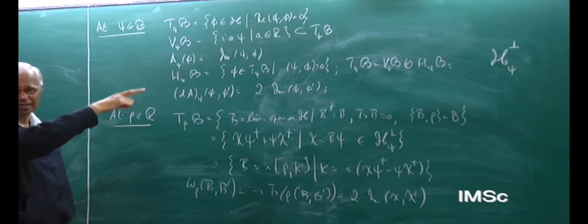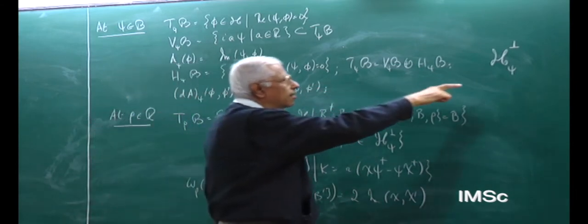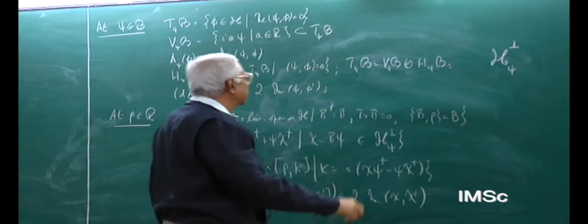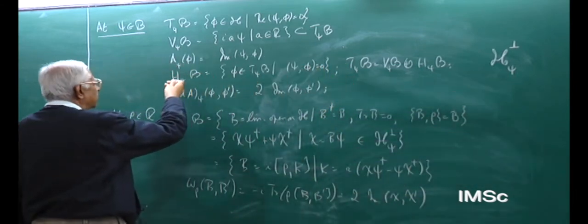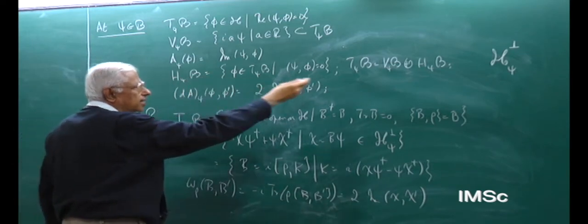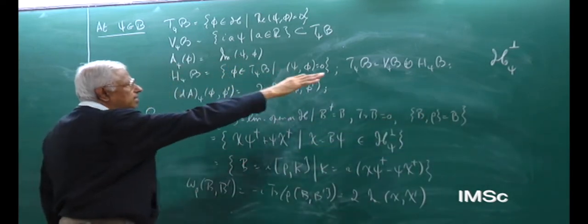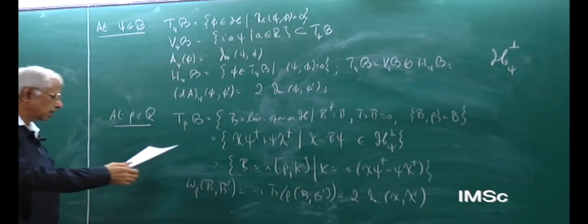So I will denote it in this way: the subspace of the full Hilbert space orthogonal to the given vector psi. So you can say the horizontal subspace at a point psi is exactly this one, all right? And the full tangent space is the direct sum of the two.